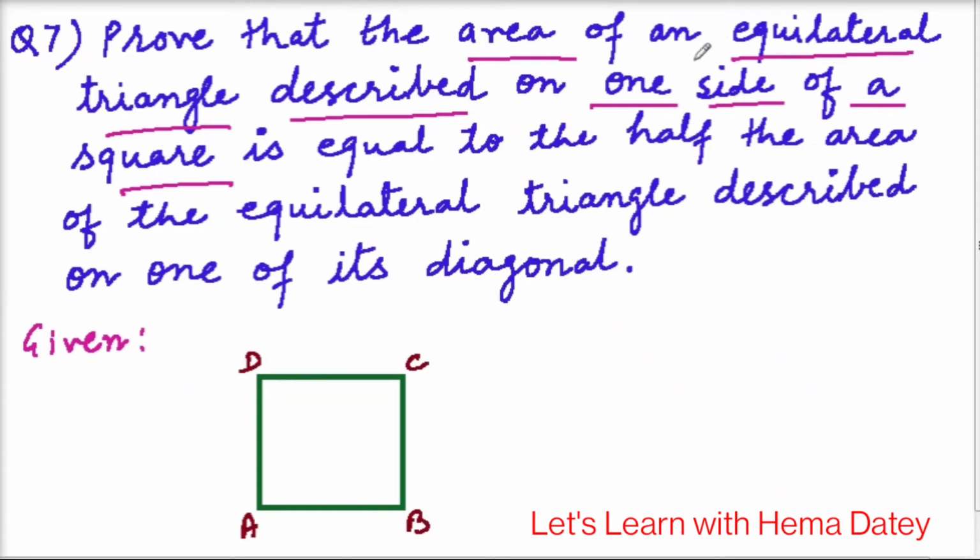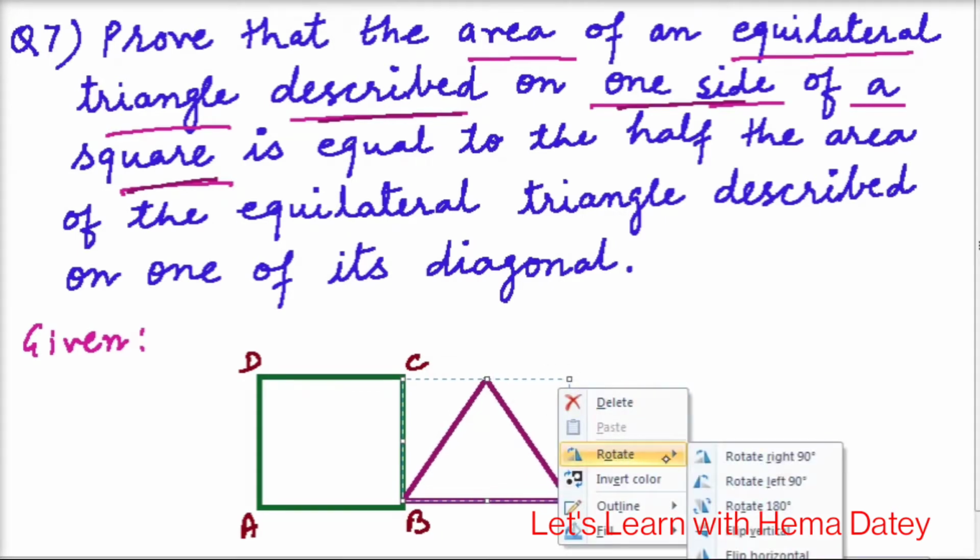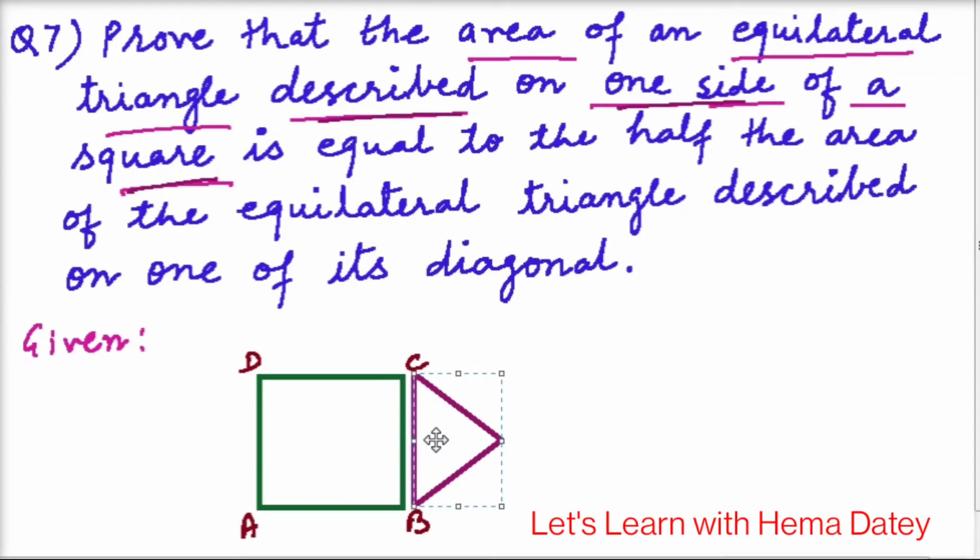Let's draw an equilateral triangle on one of the sides of the square. So here I am drawing an equilateral triangle on the side BC. This equilateral triangle has all sides equal to the side of the square.